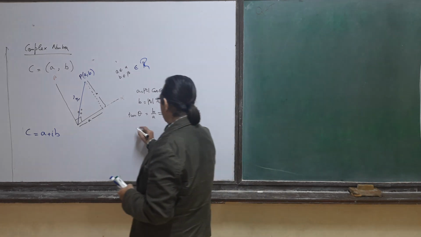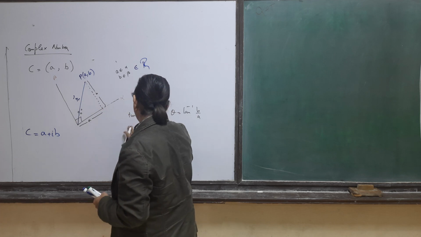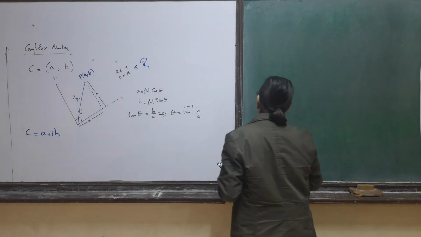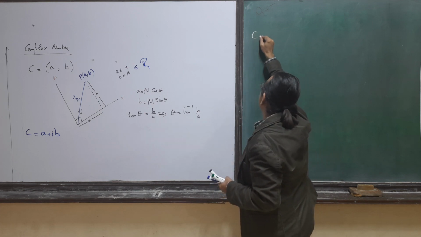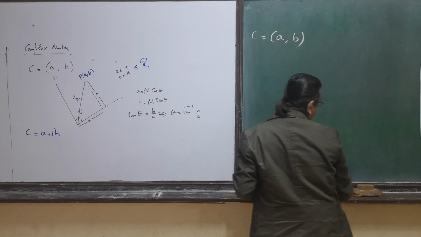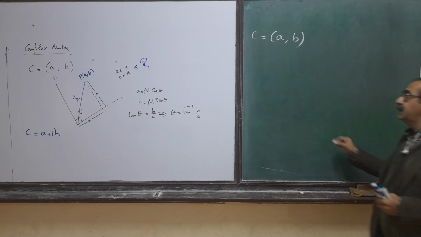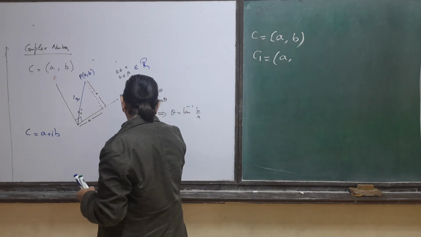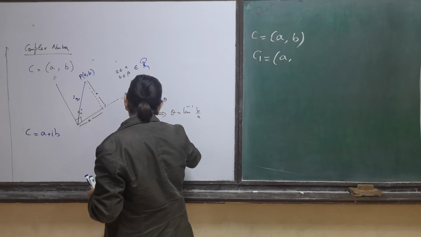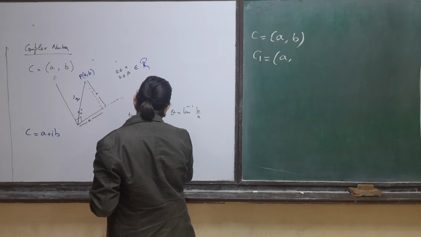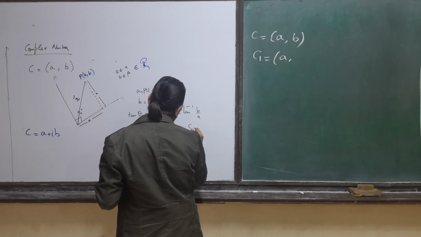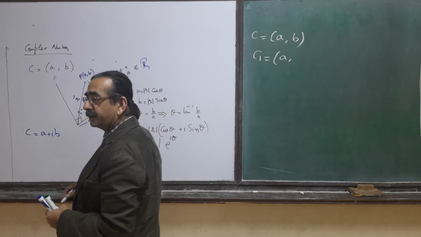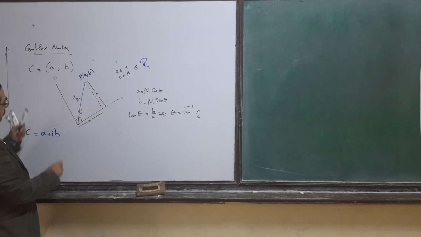What will the value of R be? I've already explained how R is defined. The R vector may be written as R magnitude times cos theta plus iota sin theta, and this will be R e to the iota theta. C may be written in this form.